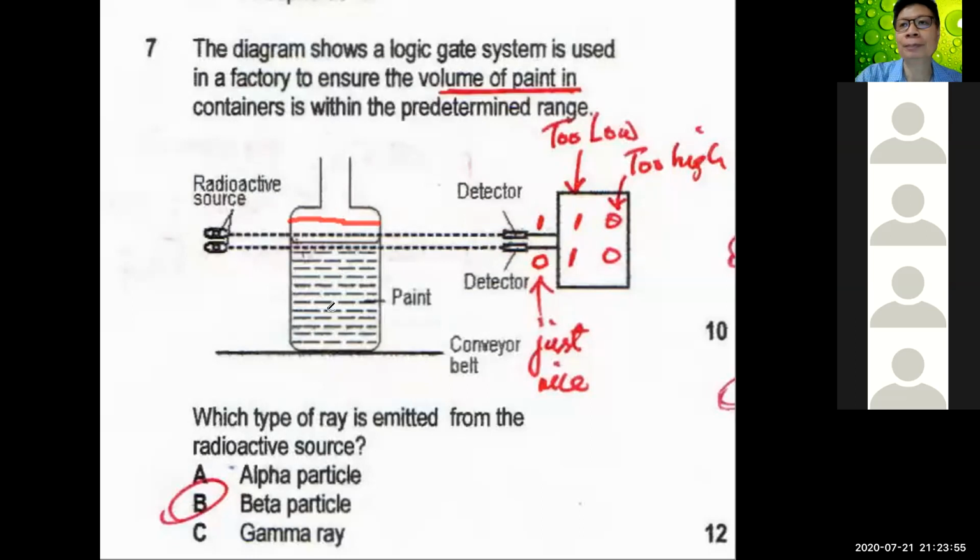So beta is the best. Beta can penetrate the container and also give different readings with or without the paint. With paint, reading low. Without paint, reading high. So it can give the different mark. Gamma cannot give the difference because gamma is too strong. Okay, so the answer is beta.